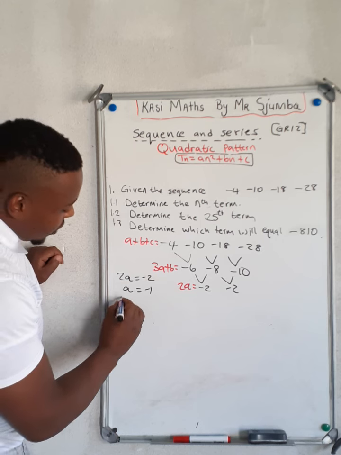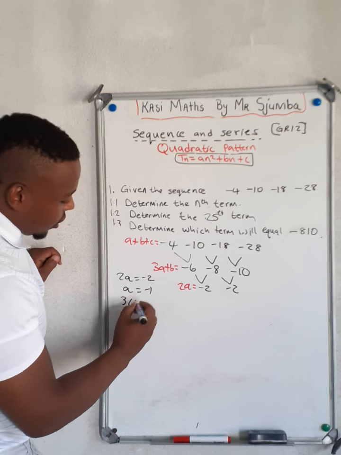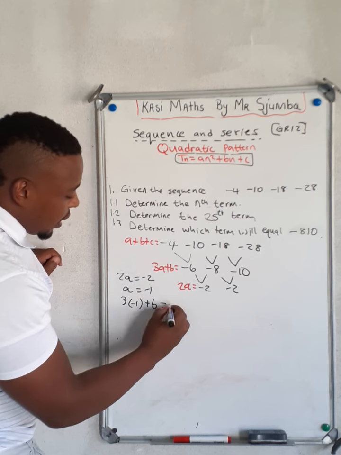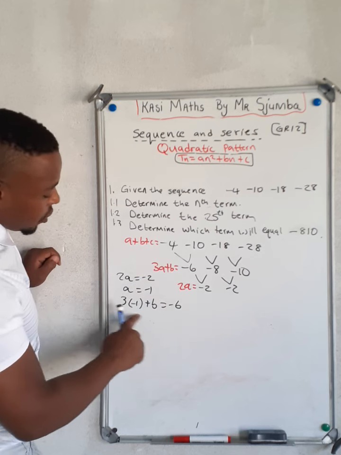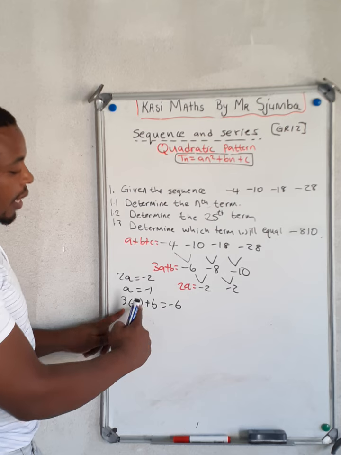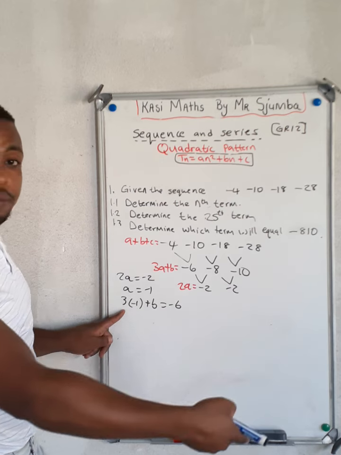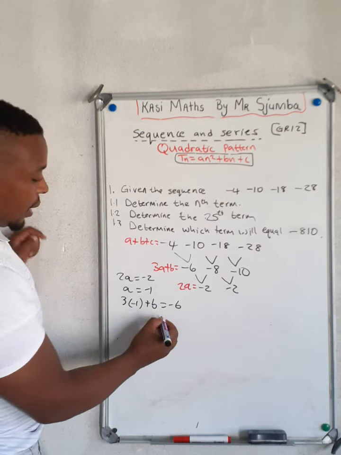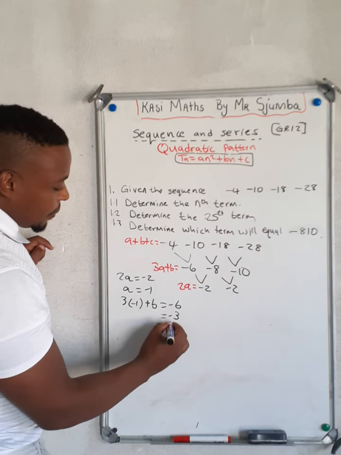For the second one, 3 times a, which we already know is minus 1, plus b equals minus 6. So this will give us minus 3, positive 3, and minus 6 plus 3 is equal to minus 3.